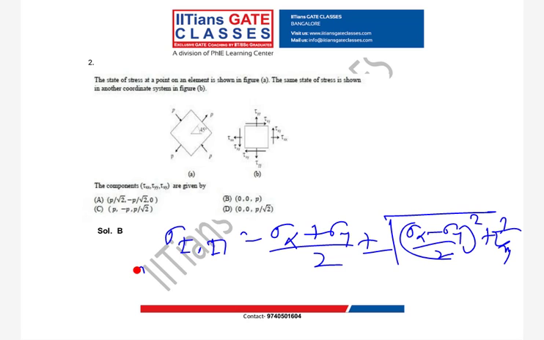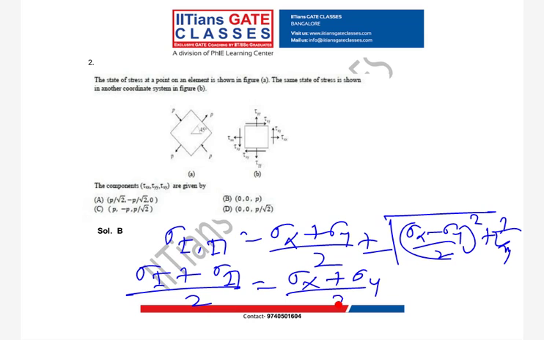Now if you add sigma 1 plus sigma 2, by 2 it will always be equal to sigma x plus sigma y by 2. Or you can say the summation of normal stresses remains constant. If you take any orientation from 0 to 360 degree on two perpendicular planes, your summation of stress will remain the same.